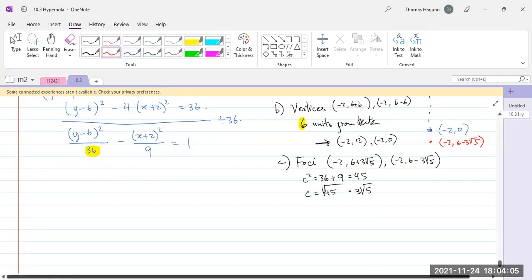Okay, let's see what the graph will look like. I'm trying to find a good point of view. One second.